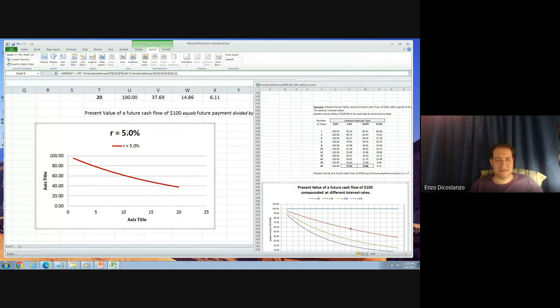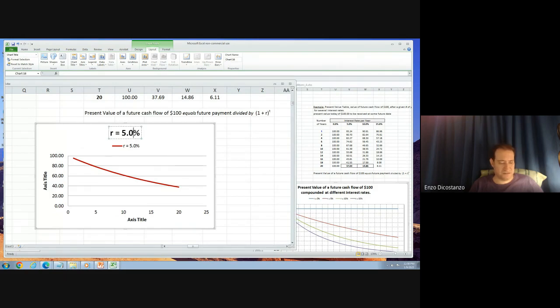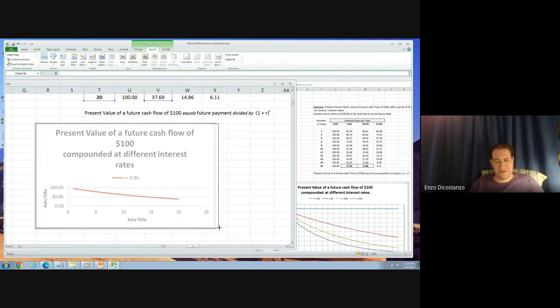So what is this? This is Control A. This is present value of a $100 compounded at, and you can expand this a bit.